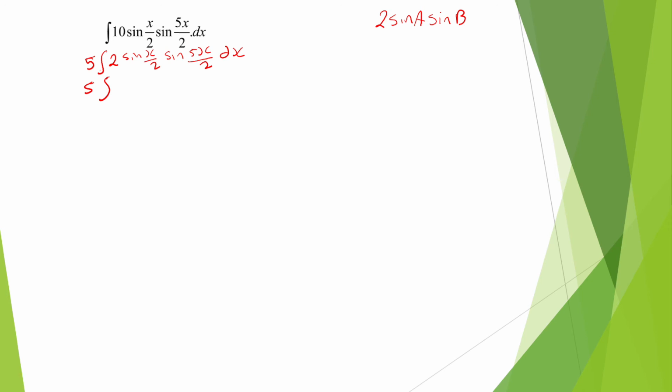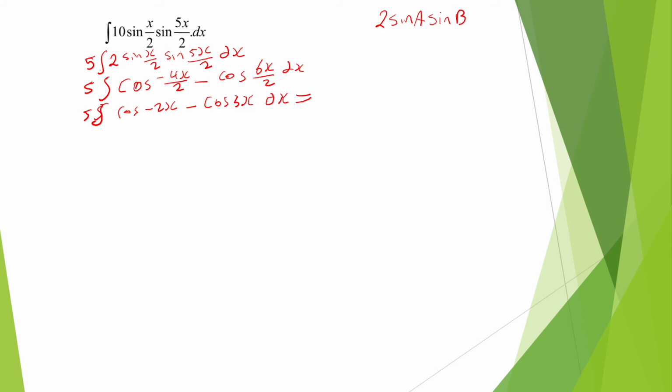So it will be cosine of a minus b, so x over 2 minus 5x over 2. So that's why it's cosine negative 4x over 2 minus cosine 6x over 2 dx. And now simplifying this gives me cosine negative 2x minus cosine 3x dx.